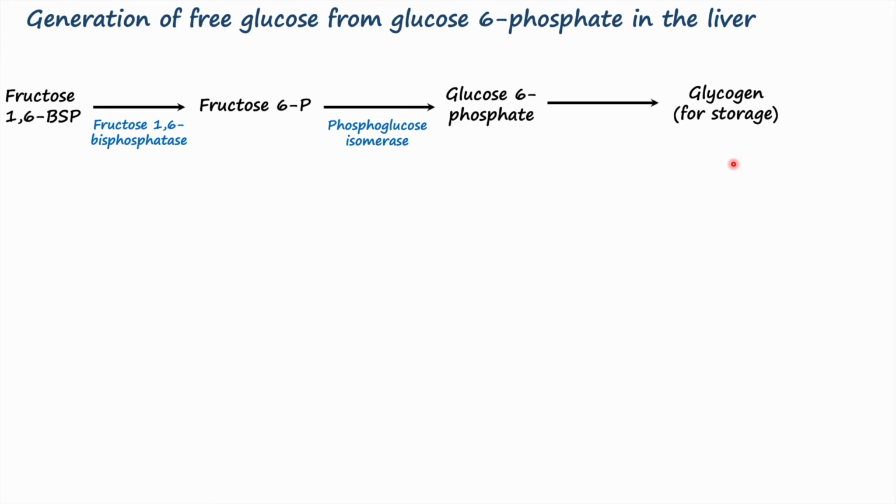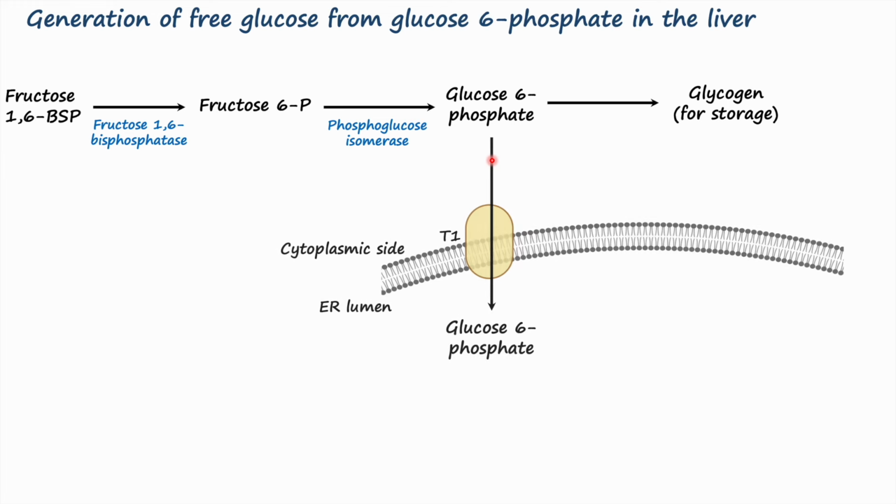Now consider a situation when blood glucose level is low, then free glucose will be synthesized from glucose 6-phosphate. However, free glucose is not generated in the cytosol. Rather, glucose 6-phosphate is first transported through the T1 transporter into the lumen of the endoplasmic reticulum.